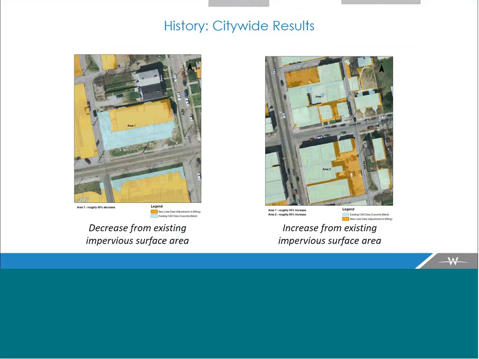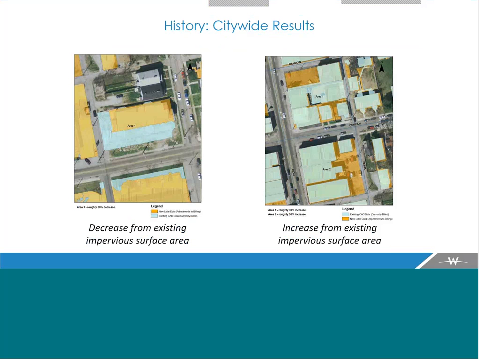And the truth is that since the method is accurate, you could, in some cases, see both sides of the coin, so to speak, right? On the left-hand side, you're seeing a case where that parcel owner was probably being overbilled. We're seeing a decrease. So the existing impervious area is the area in blue, and the actual impervious area is the area covered in orange.